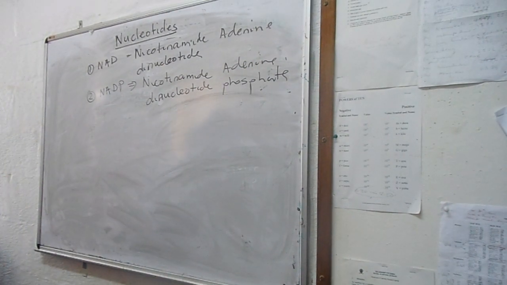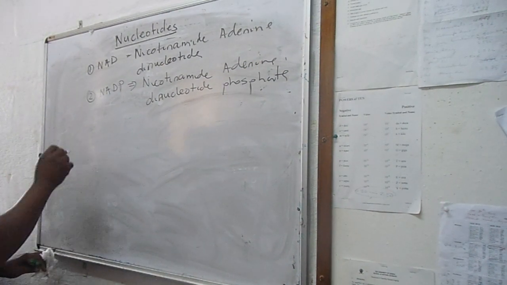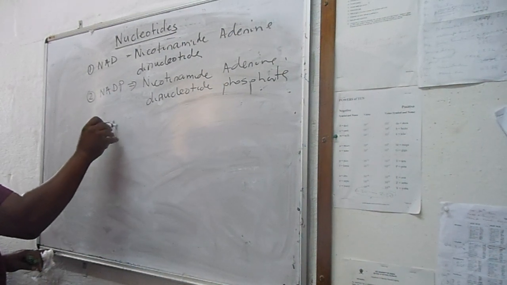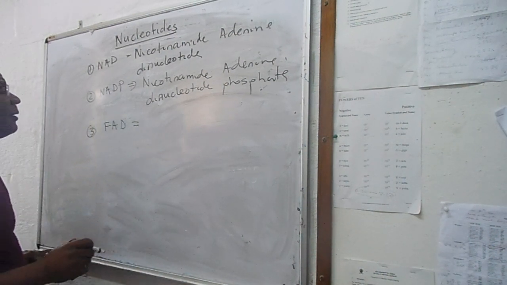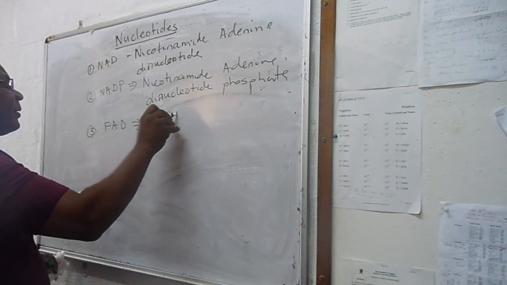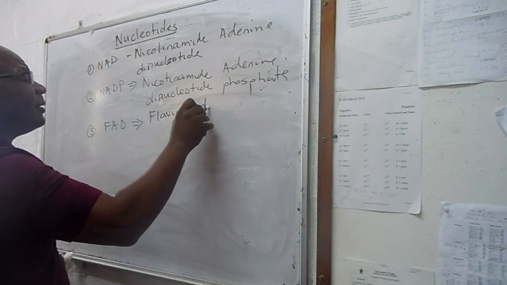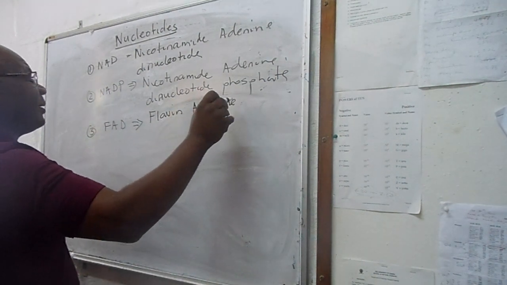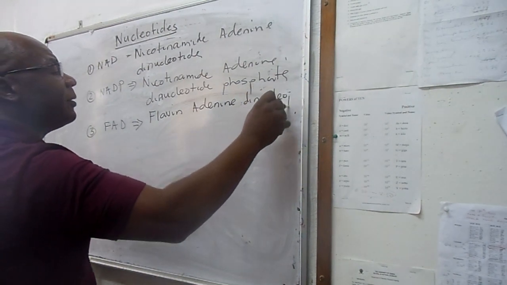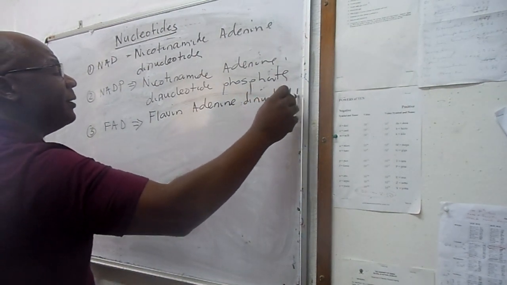The other one that we know is FAD, which is flavin adenine dinucleotide.